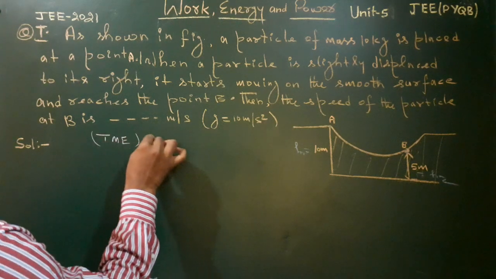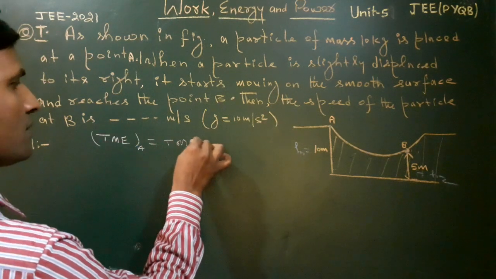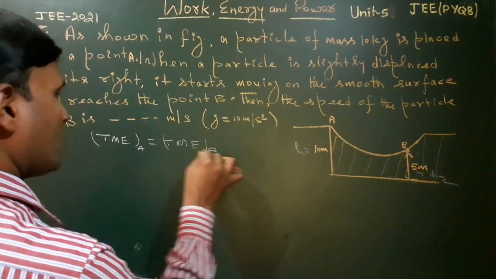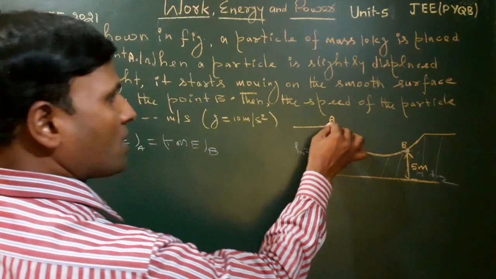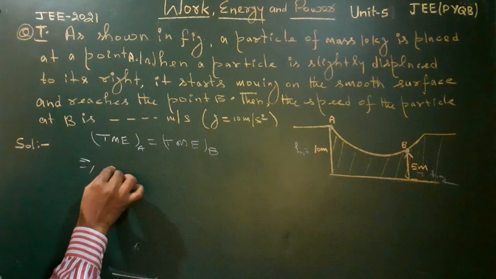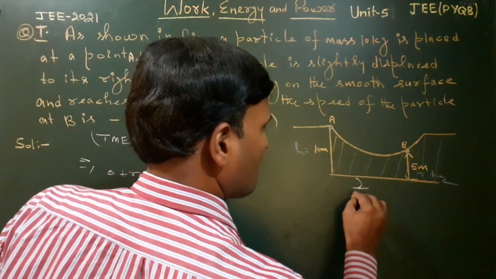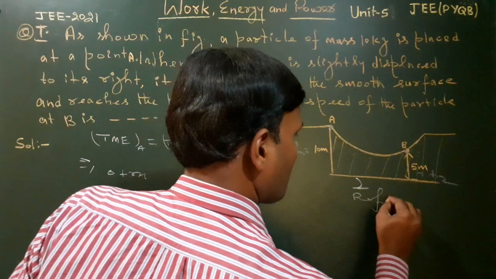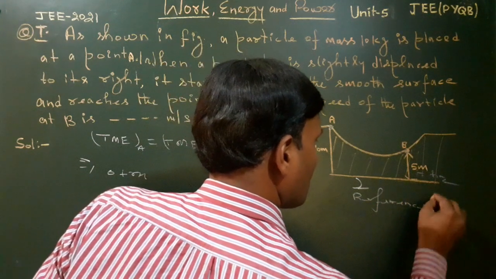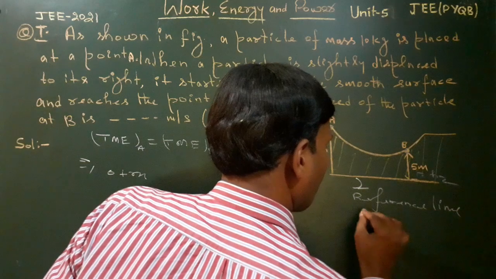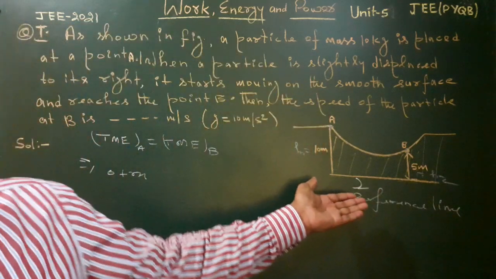So we can apply this: TME at A equals TME at B, and the speed of the particle here is 0. So the kinetic energy is 0, and this one is the reference line, you can also say the datum line.